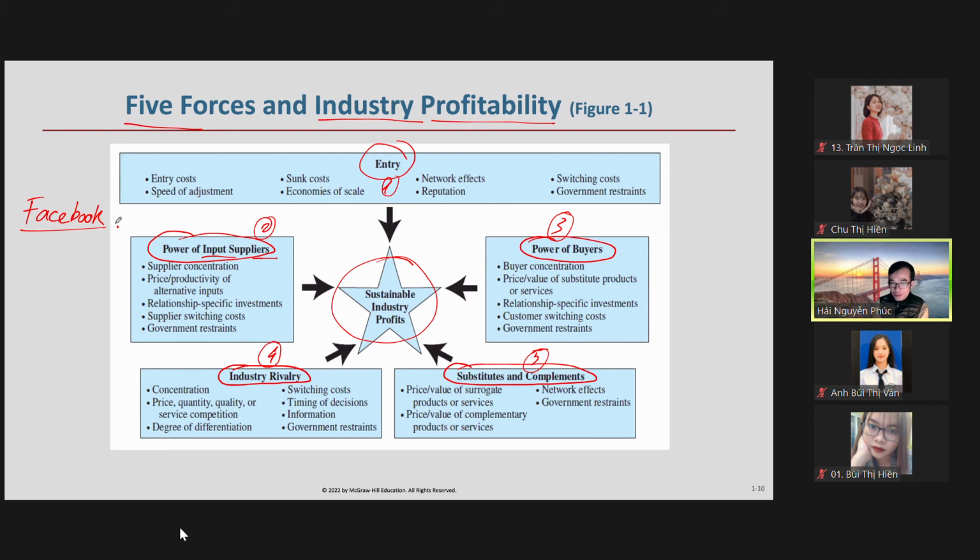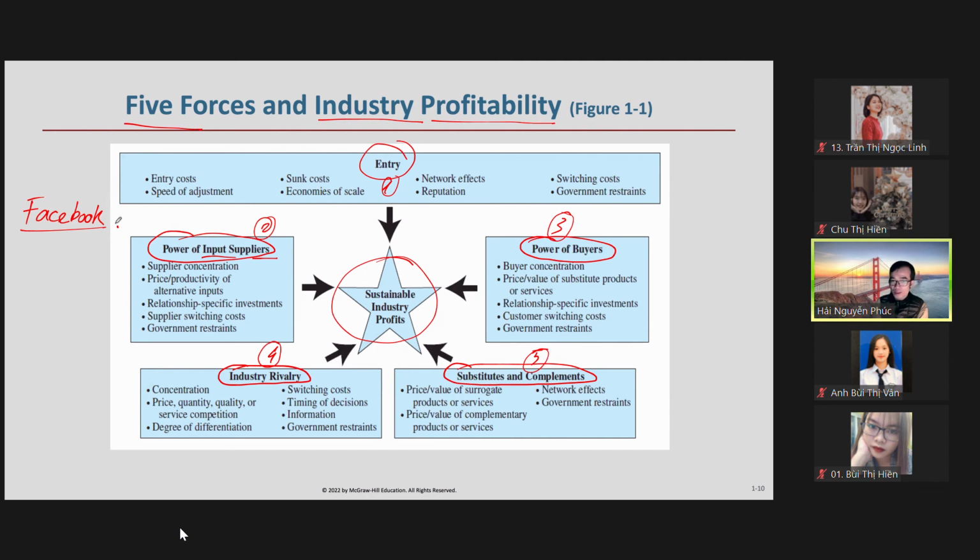And the idea is pretty simple. We can see that the price of Facebook shares decreased because people are pessimistic about Facebook's profit in the future, right?